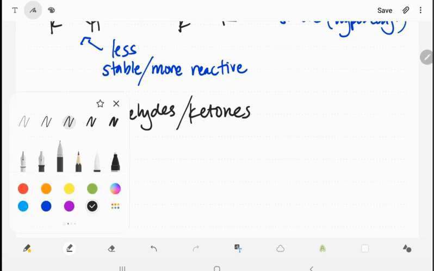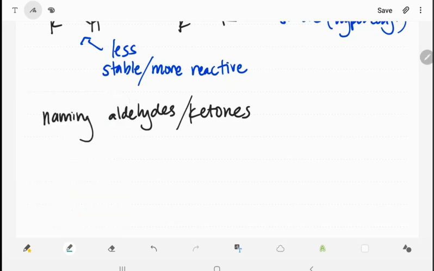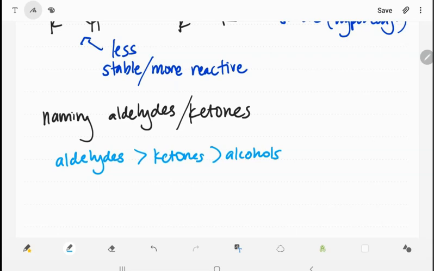So right now, in terms of all the functional groups we've learned, aldehydes are the highest priority, which are higher than ketones, which are higher than alcohols, which are higher than alkyl groups. All your alkenes, alkanes, alkynes, all those are going to be the lowest priority. So aldehydes are going to be our top priority now, then ketones, and then alcohols.